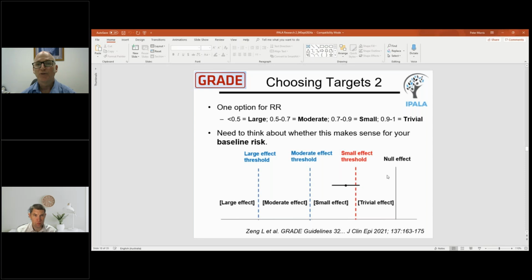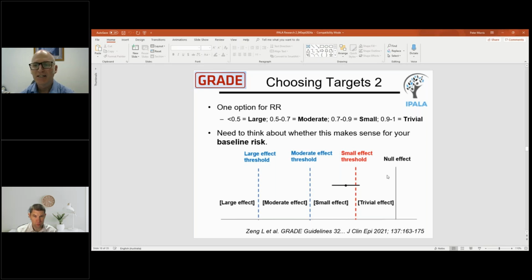You can also use a relative risk measure of effect, and you can make it more complicated. So you can consider whether you're interested in a small effect threshold, a moderate effect threshold, or a large effect threshold. And you can see that people have proposed that for relative risks less than 0.5, they should be considered large, between 0.5 and 0.7 moderate, 0.7 to 0.9 small, 0.9 to 1 being the line of no effect, being trivial.